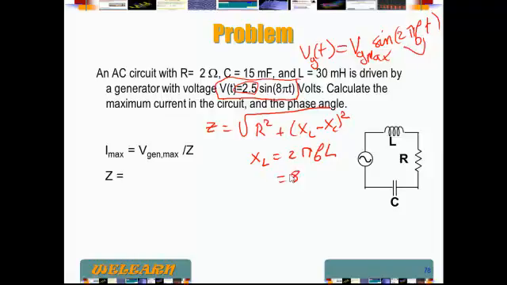So my XL is 8 pi times 30 times 10 to the minus 3. All of this is going to be in units of ohms.